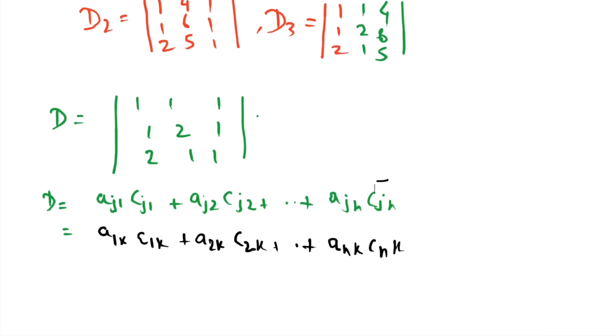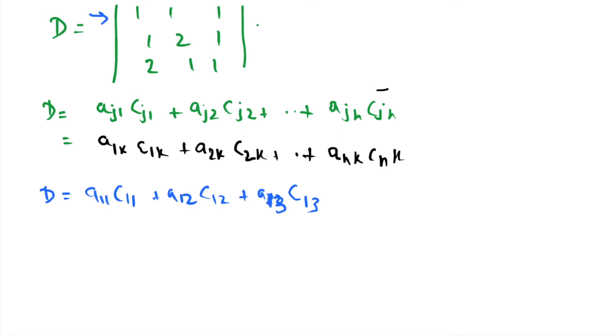And let's say we choose to expand this determinant D along the first row. Then you can write D as a11 times C11 plus a12 times C12 plus a13 times C13. So now let's look at what C11, C12 and C13 are.